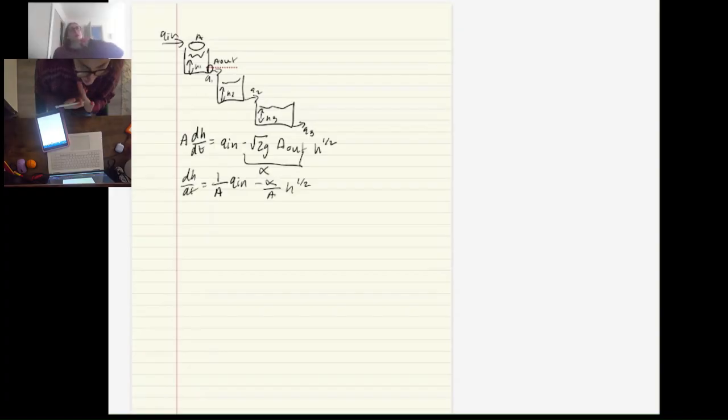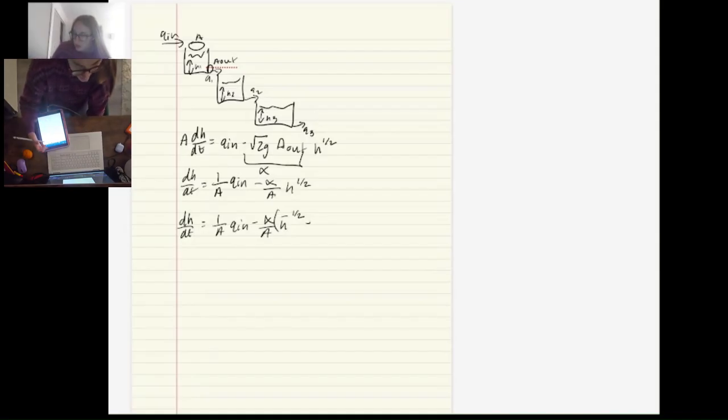When we linearize, we want a steady state and the initial, so we need the initial minus the steady state. Our dH/dt is equal to 1/A Qn minus alpha over A h bar to the 1/2, where h bar means it is at the steady state.